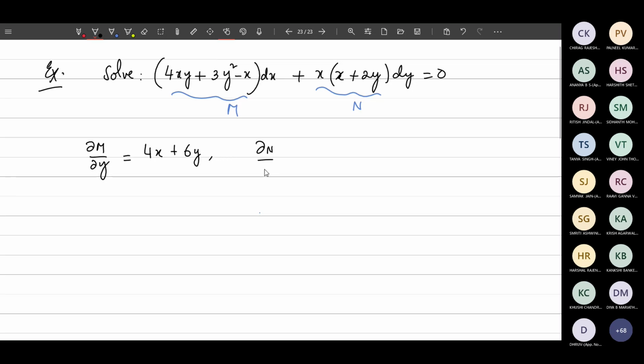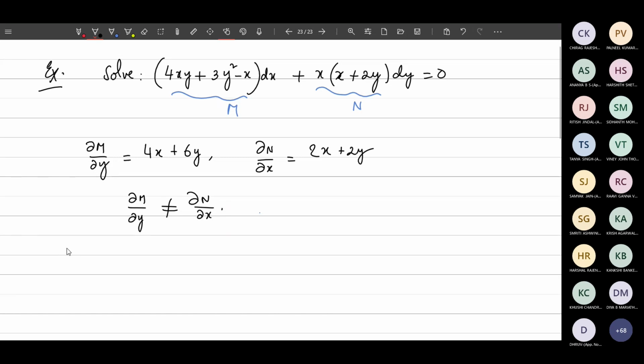Similarly, ∂N/∂x: x squared gives 2x, 2xy with respect to x gives 2y. So therefore ∂M/∂y is not equal to ∂N/∂x.